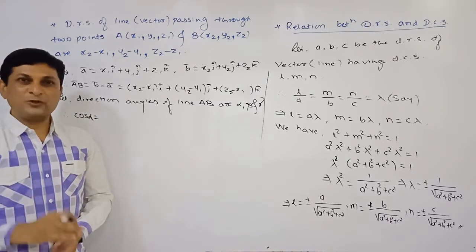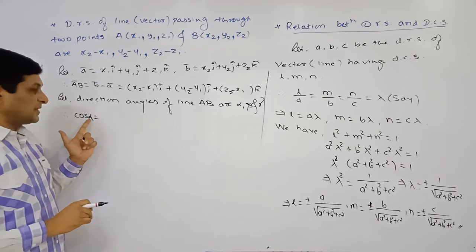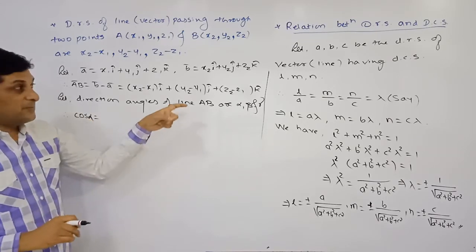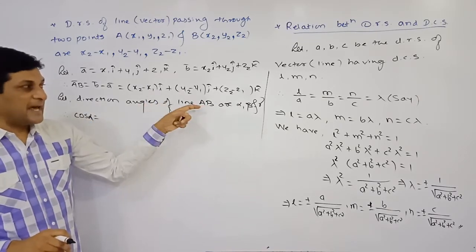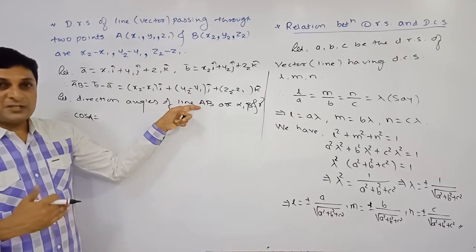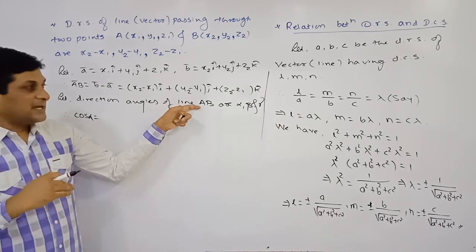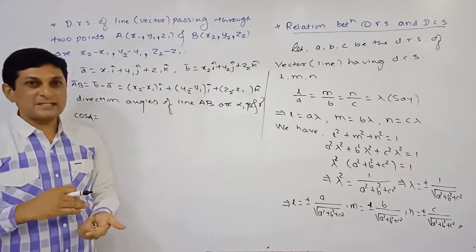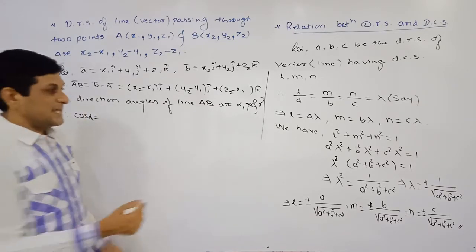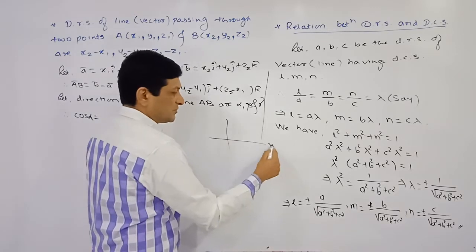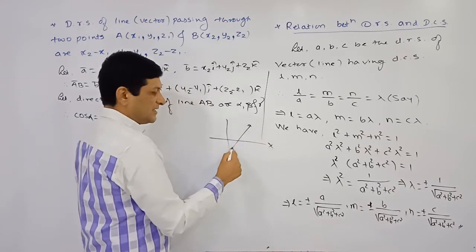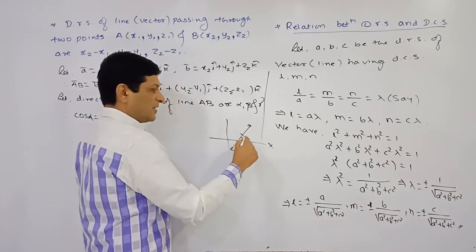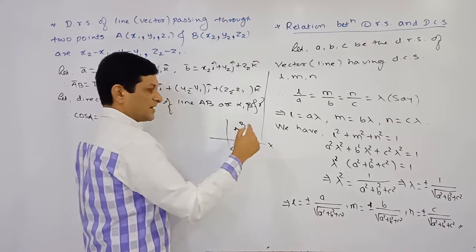That is, the angle between two vectors. Here alpha is nothing but the angle between what? The angle made by line AB with which axis? X axis. And this angle we denote by alpha, and which is the unit vector along x axis? i cap. So let us suppose this is the x axis and line AB makes angle alpha, and one of the vectors along this line is AB bar.